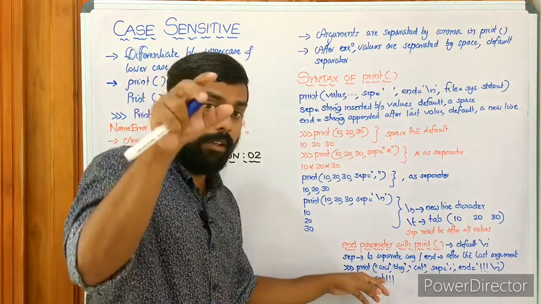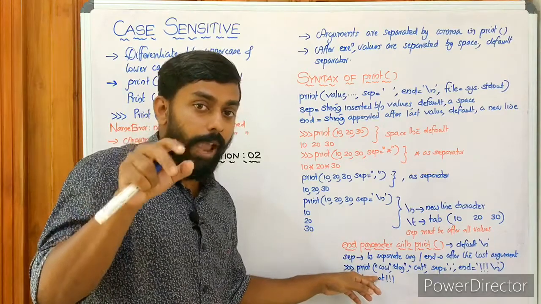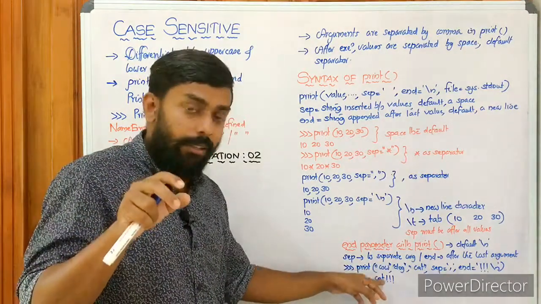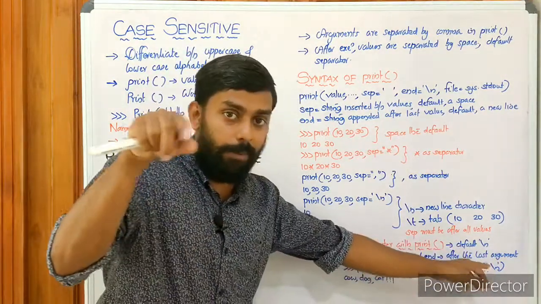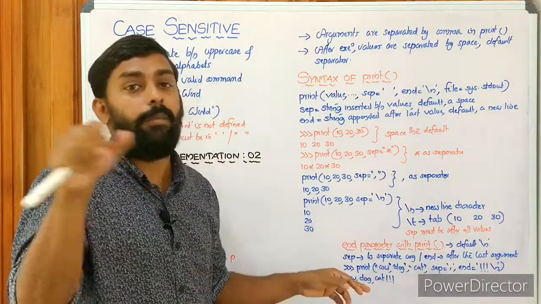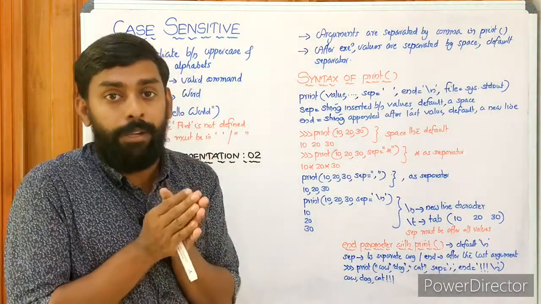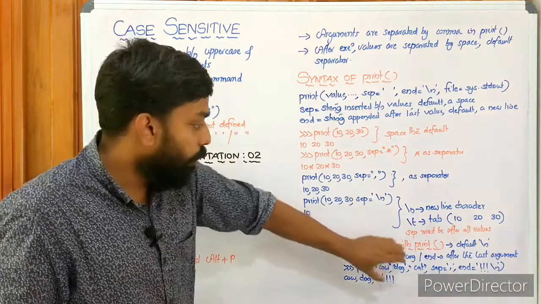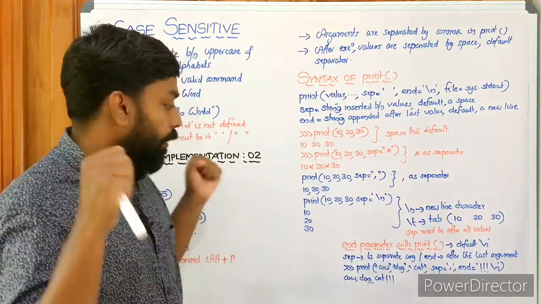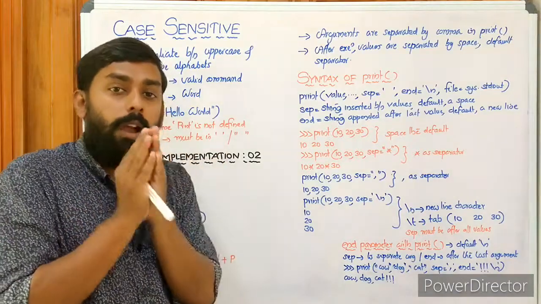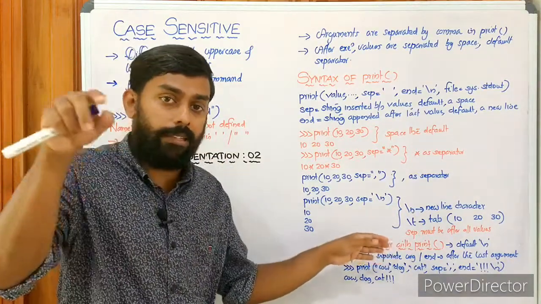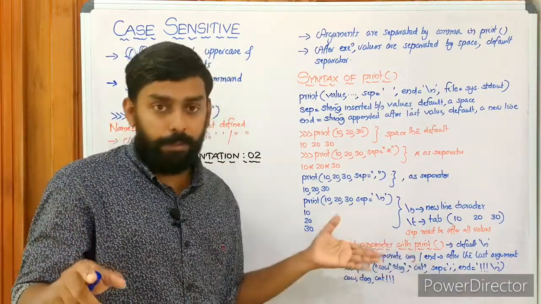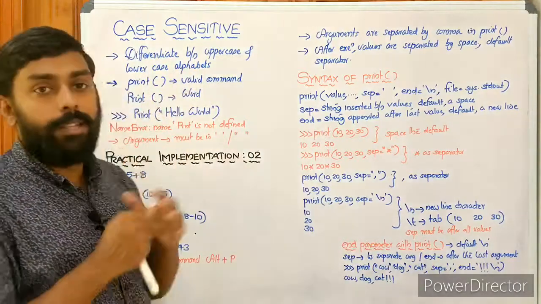Then after the last value, that is cat, we have added end here: three exclamation marks and slash n. The three exclamation marks will be added. Slash n cannot be printed, it's an escape character. So end is used to add after the last element. We have added three exclamation marks here along with sep. So this is our second implementation.